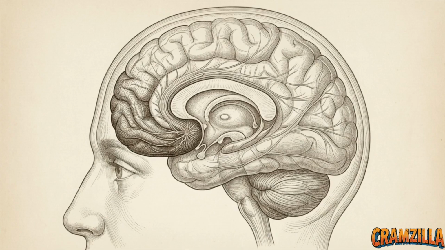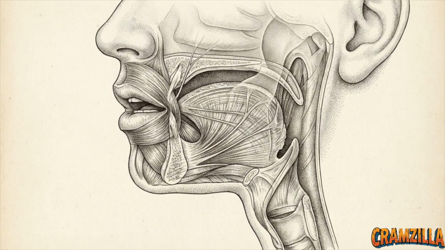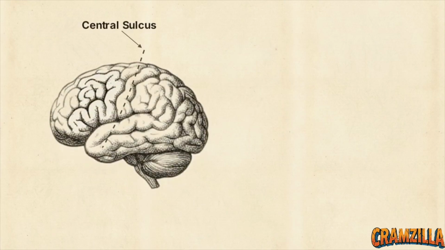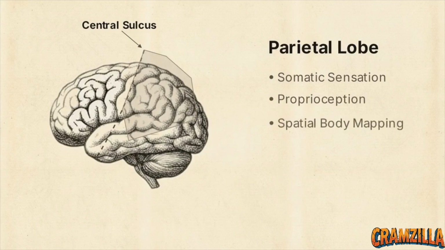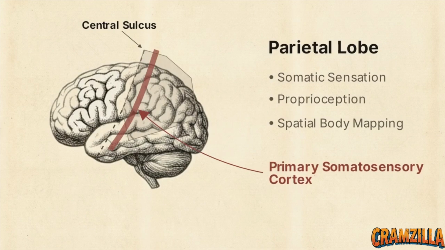Usually located in the left inferior frontal gyrus is Broca's area, the specific cortical zone responsible for speech production and motor language output. Immediately posterior to the central sulcus is the parietal lobe. This region processes somatic sensation, proprioception, and spatial body mapping. Sitting on its post-central gyrus is the primary somatosensory cortex, which maps touch, pain, temperature, and pressure from the entire body.